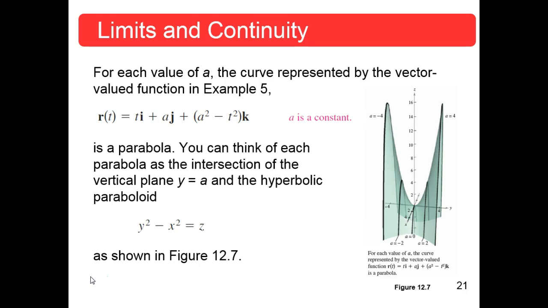For each value of a, the curve represented by this vector value function in example 5 would be a parabola, because you see the j here, the y component is a constant.